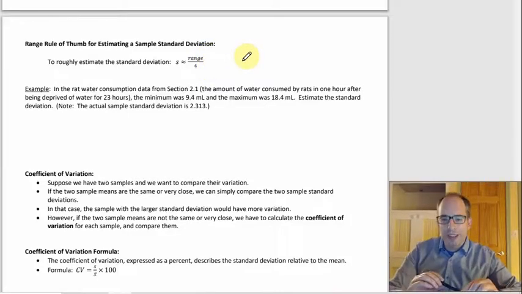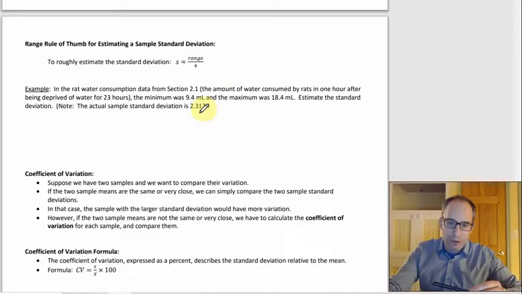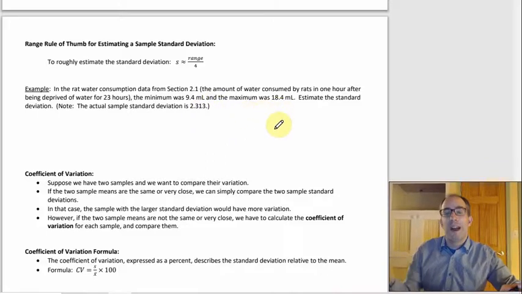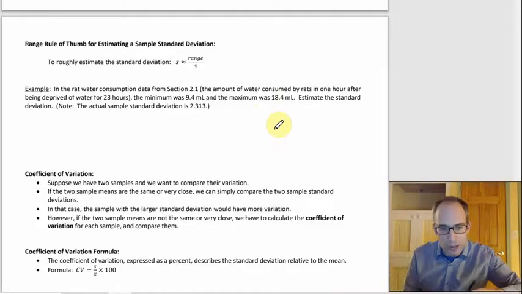So with that rat example, the actual sample standard deviation is about 2.313. But let's say hypothetically, if we didn't have all of the original data, but we had the max and the min, then you could estimate the sample standard deviation by saying, okay, well, the range would be max minus min, right?